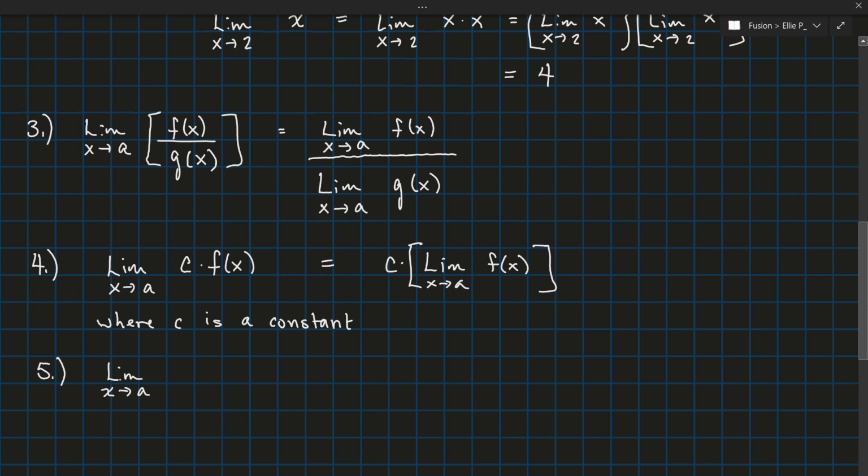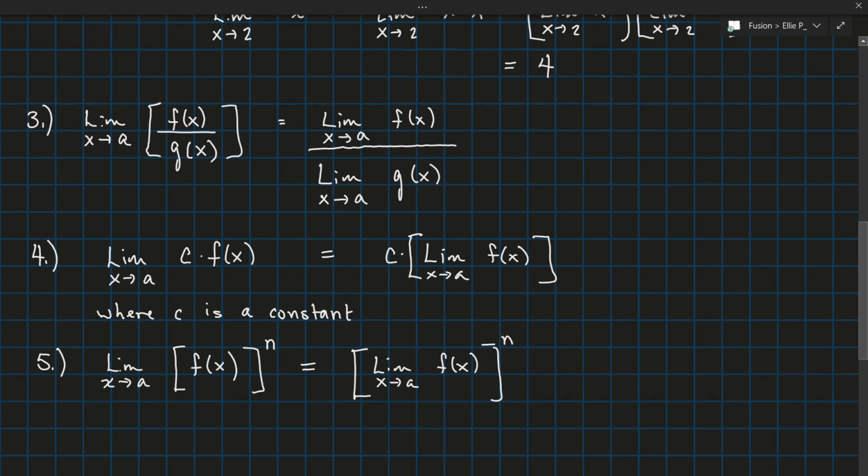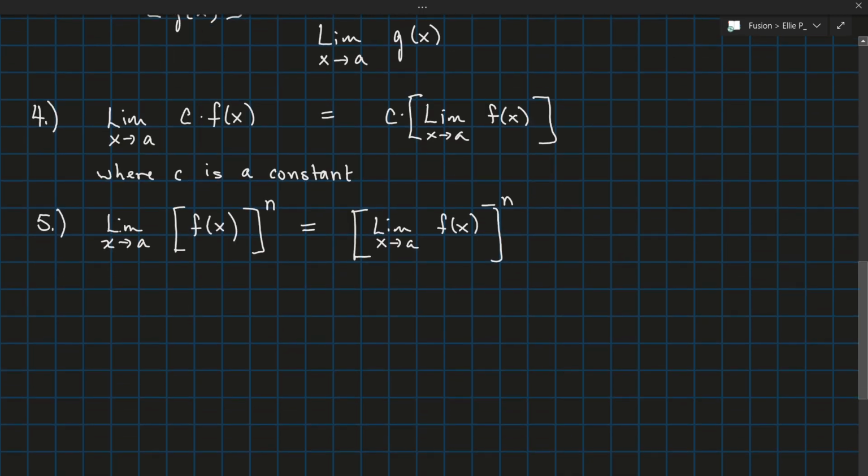The limit as x goes to a of f of x to the n power is equal to the limit as x goes to a of f of x, all to the n power. So an example of this would be like that same x squared problem.